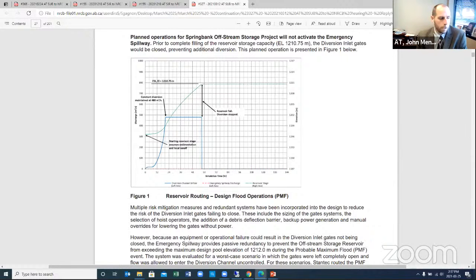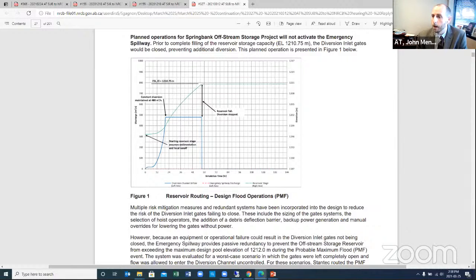The capacity of the low-level outlet works was determined based off of industry guidelines that were referenced and documented within the preliminary design report. Those guidelines provide recommendations for drain times in considering the potential for a dam safety incident at the structure.